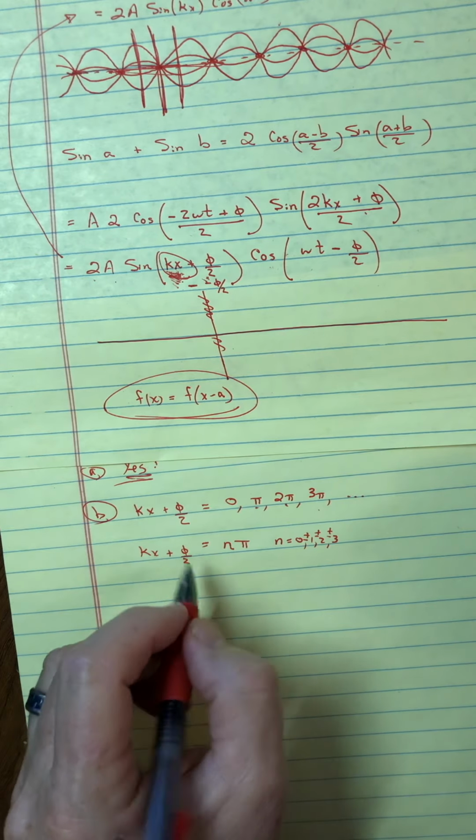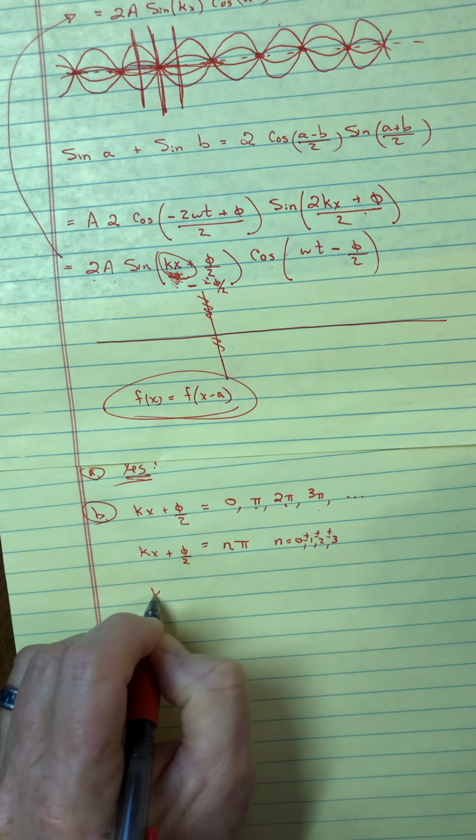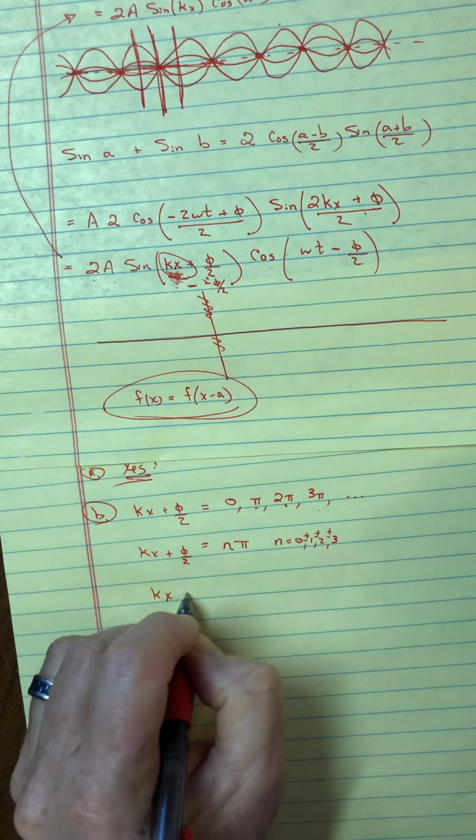If you bring this to the other side, kx is n pi minus phi over 2.